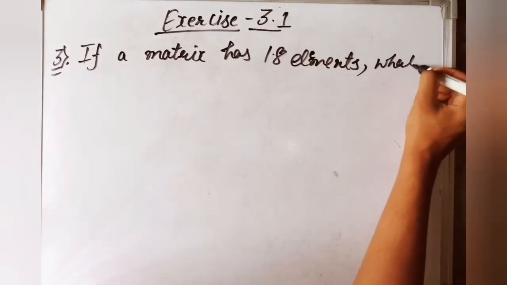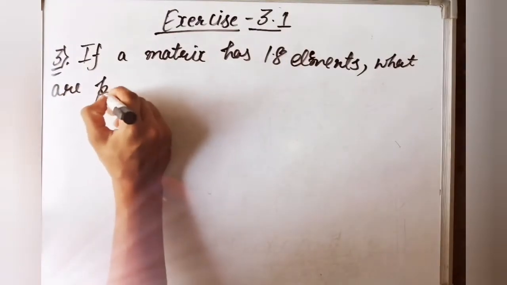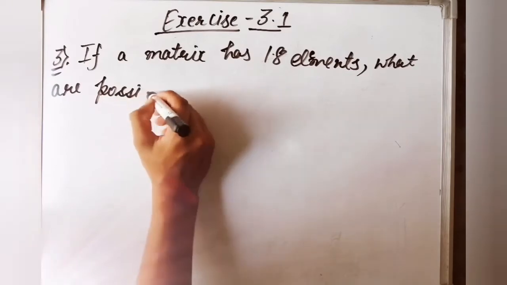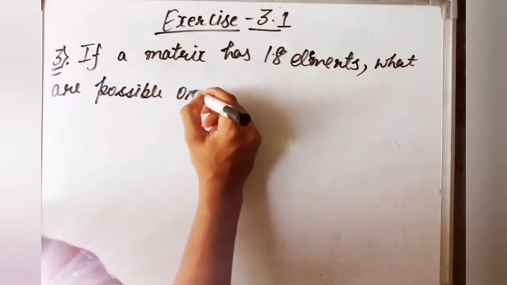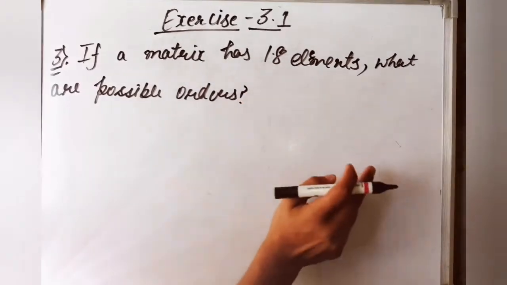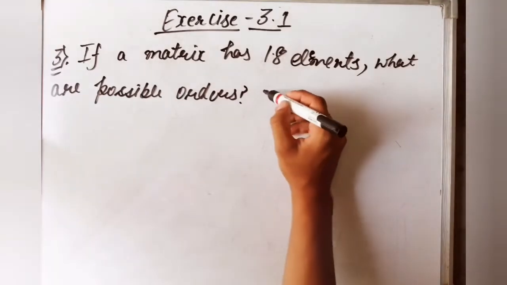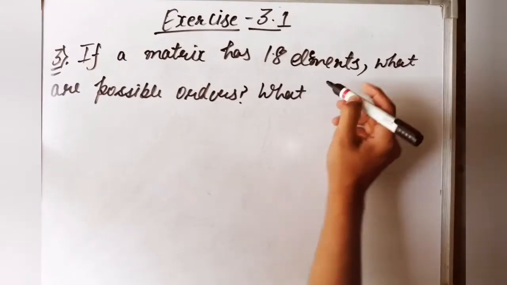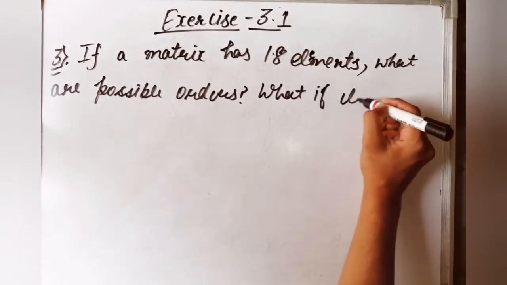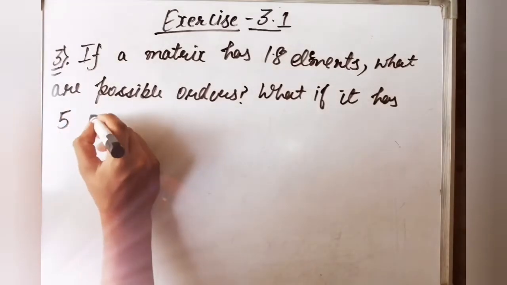Again I forgot to write the E here. And apart from that, I was asking, what if it has 5 elements?